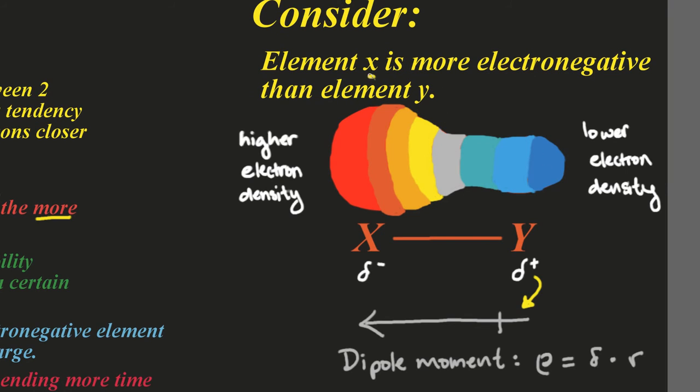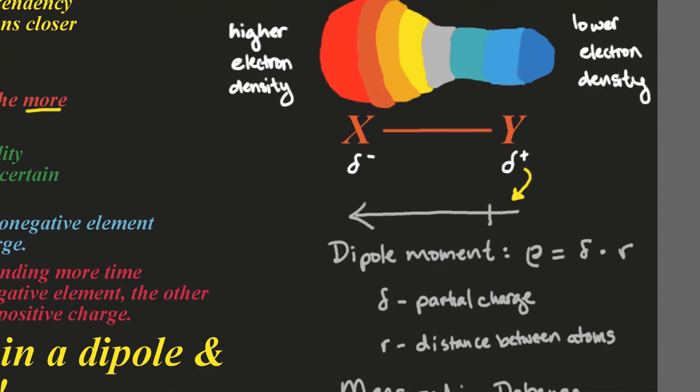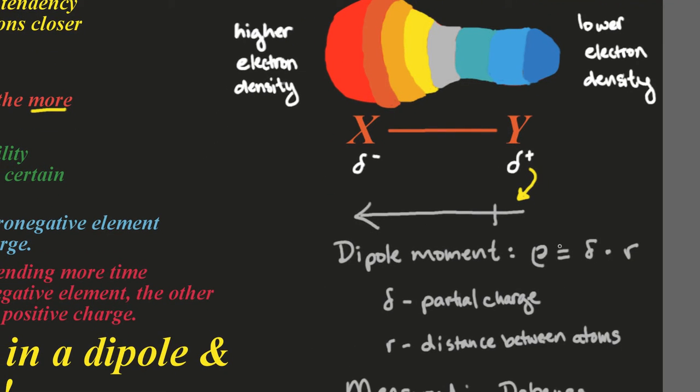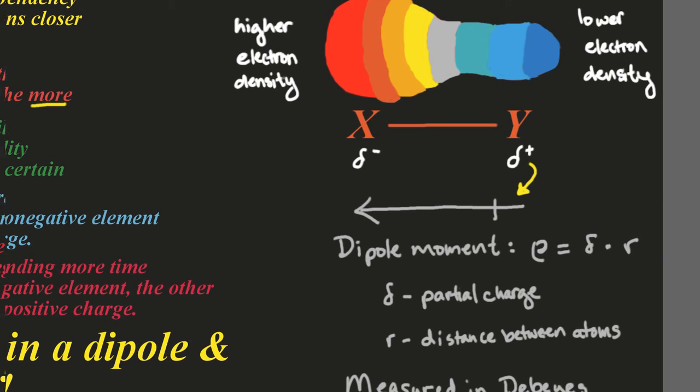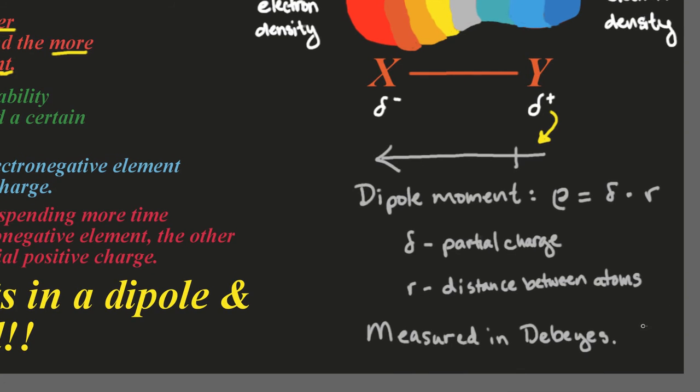Element X is more electronegative than element Y, so that's why there's a bigger probability of finding these electrons in the bond around X than on Y. And because the electrons spent less time around Y, that's why it gets a partial positive charge. So then there's the dipole moment. The dipole moment can be calculated quantitatively by looking at the partial charge times the distance between the two elements, and it's measured in debye. That's the SI unit for it, the debye.